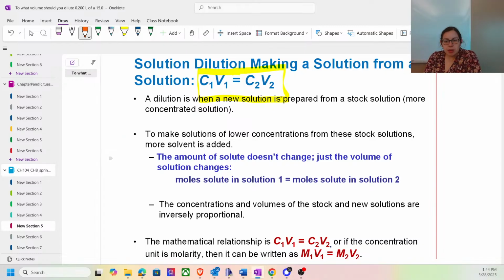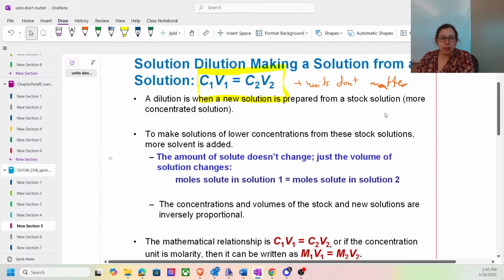What's nice about this general formula is it doesn't matter what the units are as long as they match. We can be in gallons, we can be in any concentration. Units don't matter: percentages, weight per volume, whatever. So that's really nice.